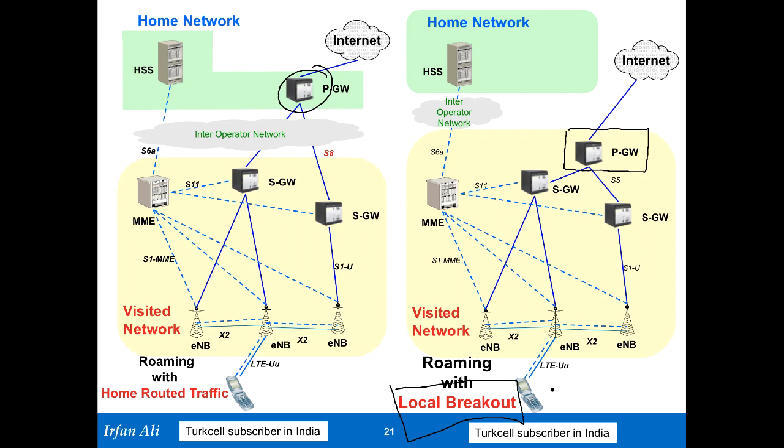You'll see the term LBO being used in the specifications. That's local breakout. This architecture is primarily used for voice, because you don't have to go back all the way to your home network. I mean, India and Turkey is not that bad. Suppose you're in the United States and your traffic has to come all the way back to Turkey and then go out to the internet.